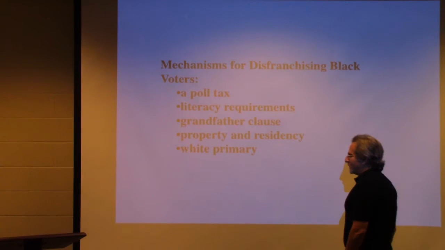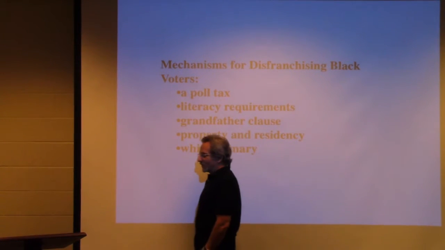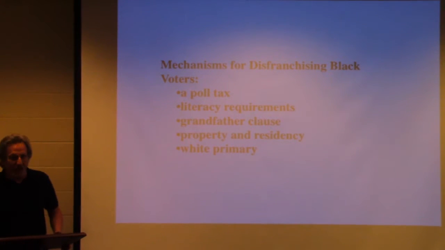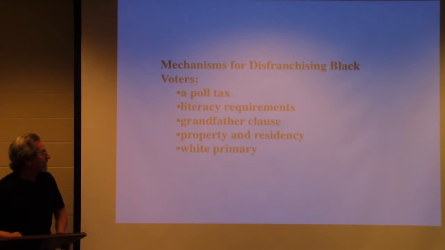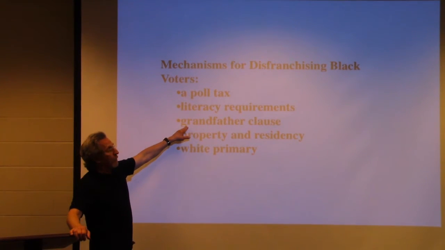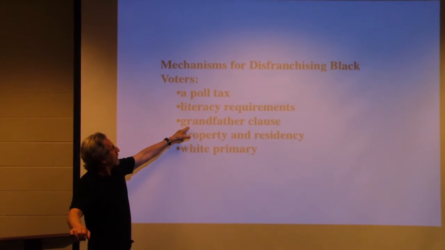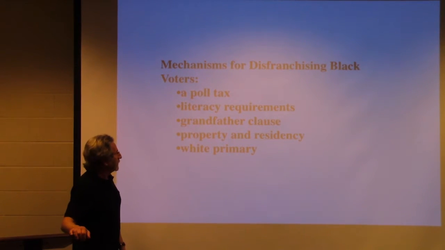Now, no black people had fathers or grandfathers voting in elections prior to 1865, but white people did. And so, despite the fact that the white population of the South was largely illiterate, the grandfather clause assured all white people of their right to vote.